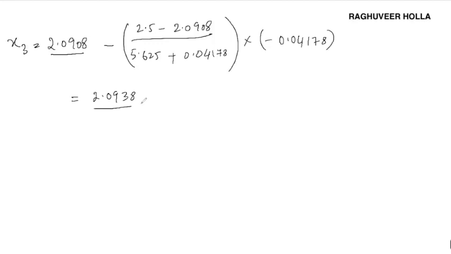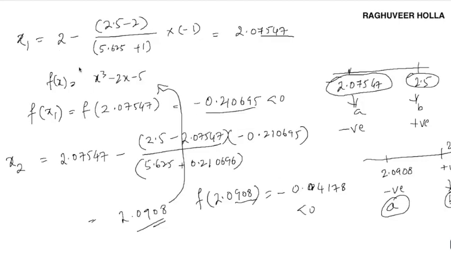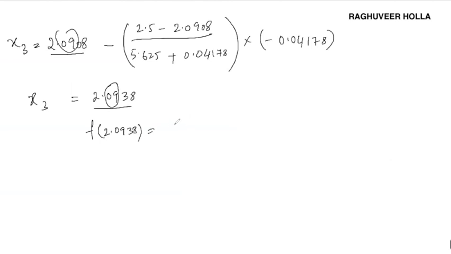So as you can see here, we are getting closer and closer, right? So let us see, when I substitute this root 2.0938 for the function, will it be negative? So let us substitute it.